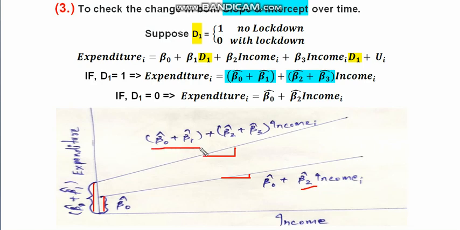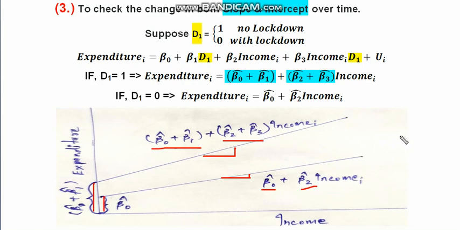Similarly, this will indicate the change in the intercept term, this will indicate the lockdown days minimum expenditure, and this will represent the minimum expenditure during no lockdown days. This will represent the change in expenditure due to change in income, or the slope, during the lockdown days, and this will represent the change in slope during the no lockdown days.